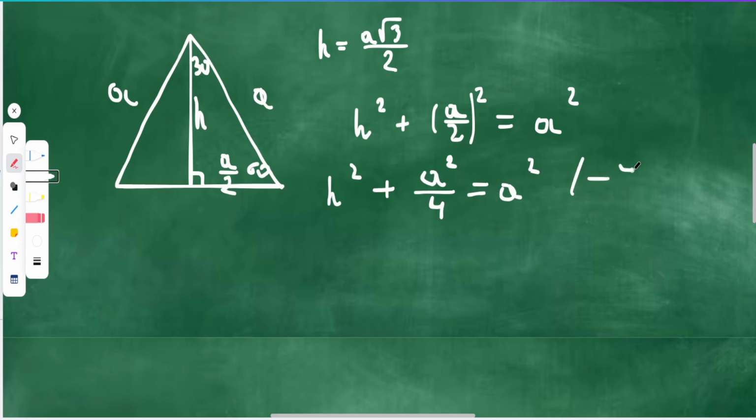That is, I will subtract a squared divided by 4 from both sides. Such an expression is a squared. It is really 1, that is 1 times a squared. When I subtract 1/4 a squared from 4 quarters, I will get 3 quarters a squared.